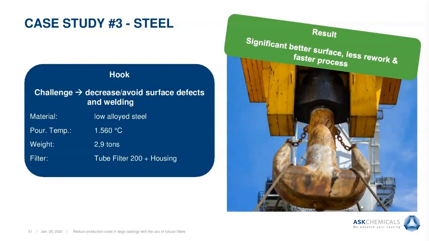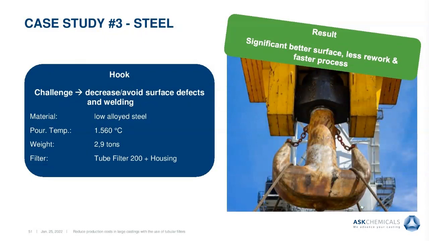Now we will switch over from iron to steel. Here you can see the casting is called a hook. Not more, not less, a simple hook, but the challenge was that no rework was really allowed on the casting, and also no welding, and grinding was allowed only in some parts of the casting.